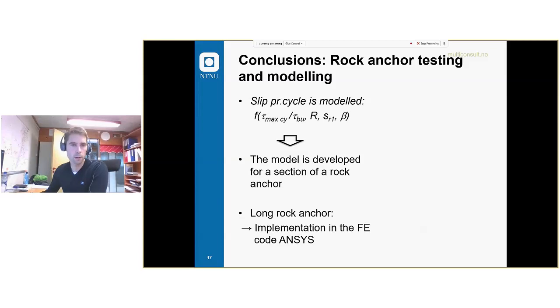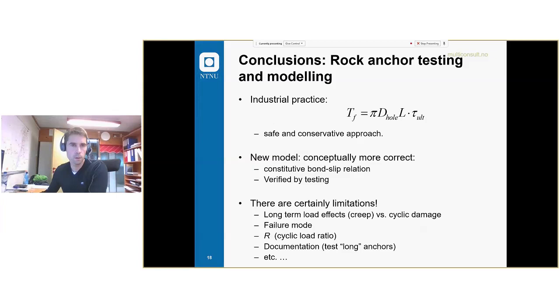And if we then have a long anchor, we can use an FE code, and we have used ANSYS. Industrial practice is to use average shear value, which is a safe and conservative approach.